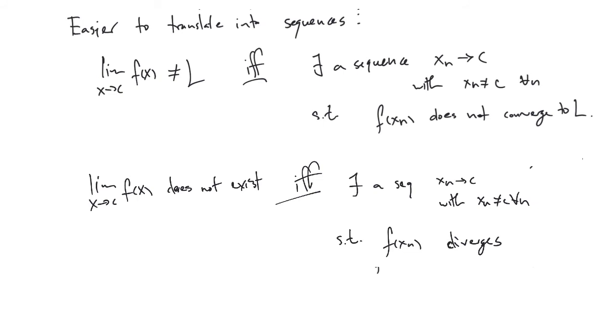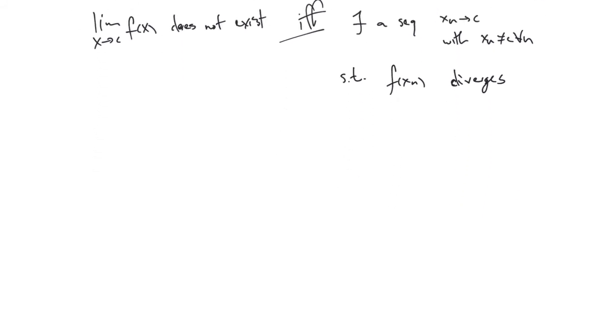All right. This is going to be the easiest way to demonstrate that a function's limit does not exist. You find a sequence of x values such that when you plug them into the function, it makes a sequence which diverges. All right. Let's try that particular example that I said before.